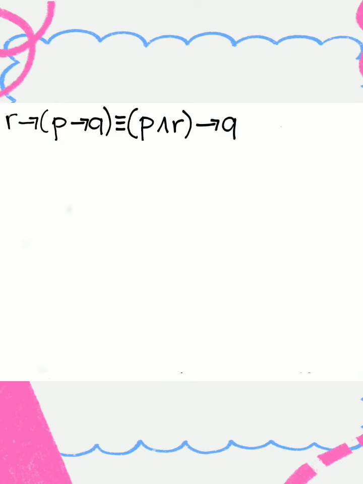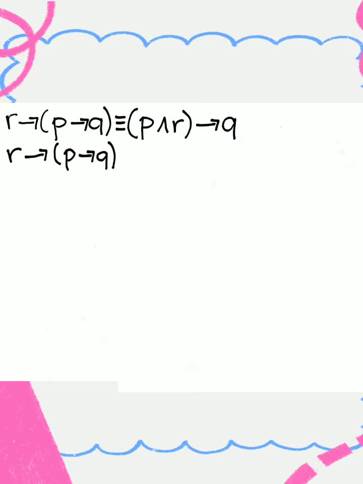Now let us try to use these laws and other laws to prove the statement R implies (P implies Q) is equivalent to (P and R) implies Q. So here we go. I'm going to start with this statement on the left-hand side, R implies (P implies Q). We have to ask ourselves, what's another way to write some or all of the elements of this statement?